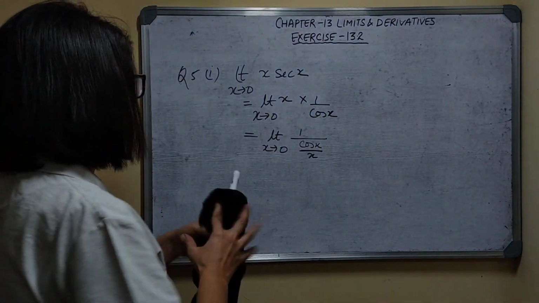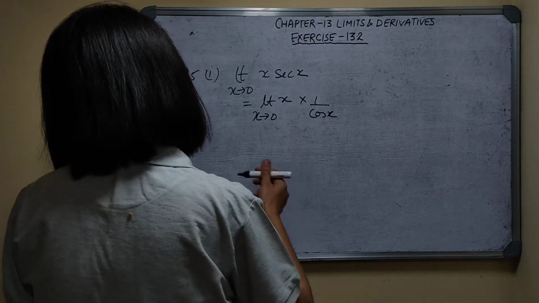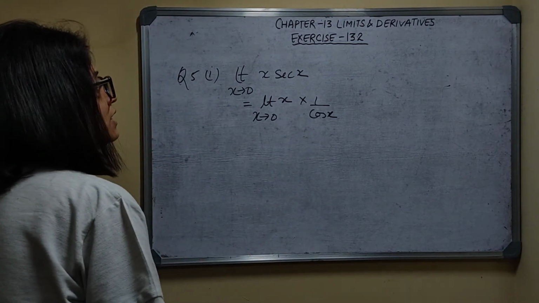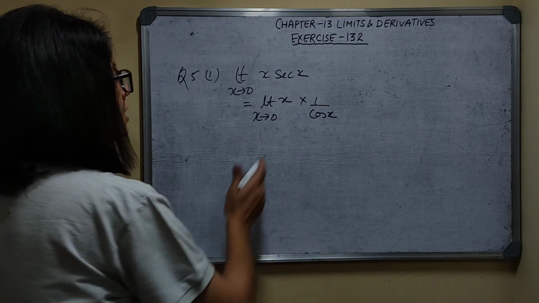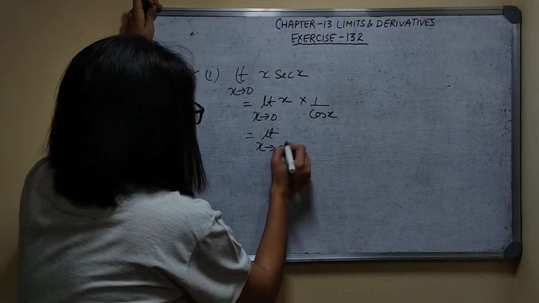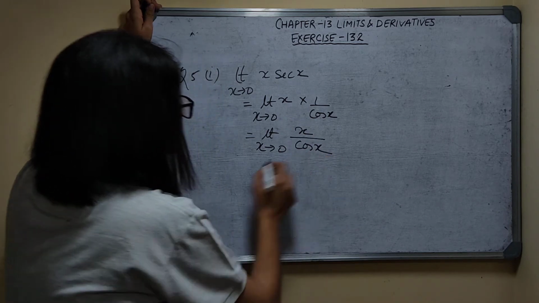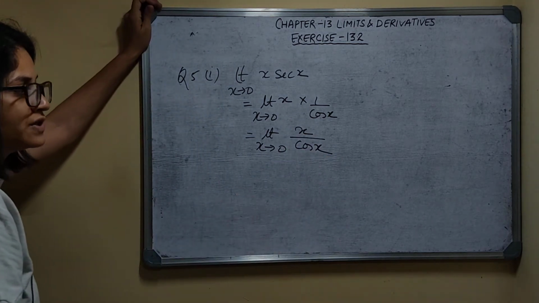Here we should not do this. Limit x tends to 0, x into 1 by cos x. So if directly I put limit x tends to 0, it is x upon cos x. I know if directly I put value, cos 0 is what?